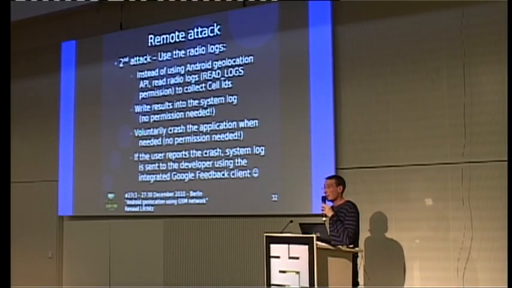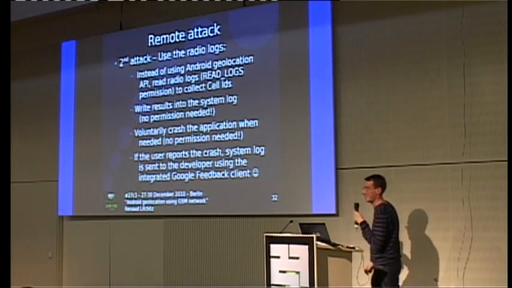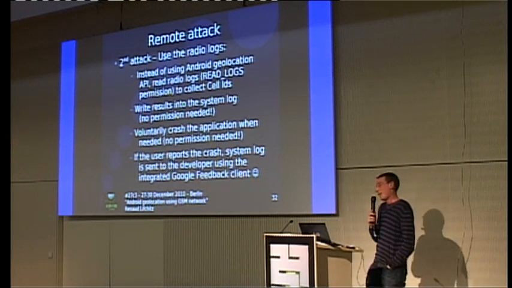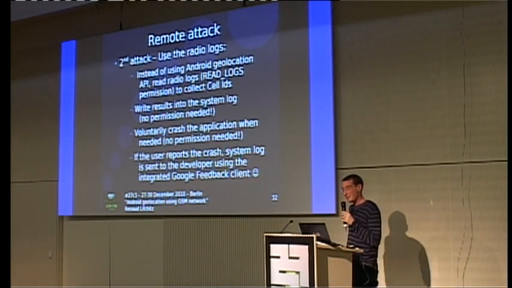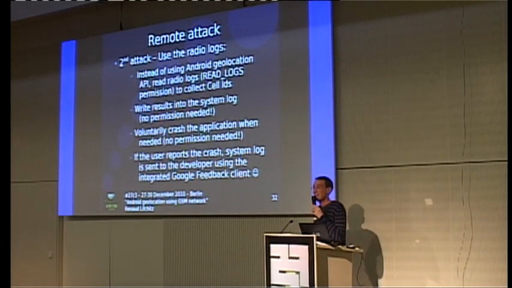The third step is to voluntarily crash the application, for example, using a null pointer exception or that kind of thing. You don't need any permission to raise an exception. The fourth step is the crash reporting step.